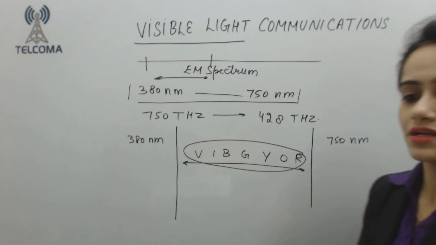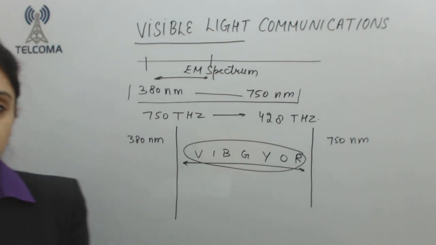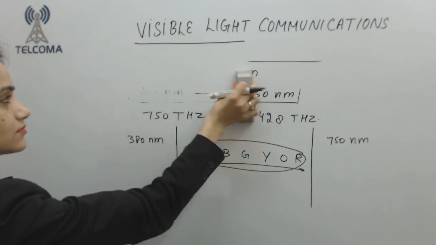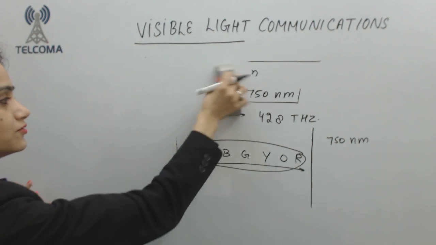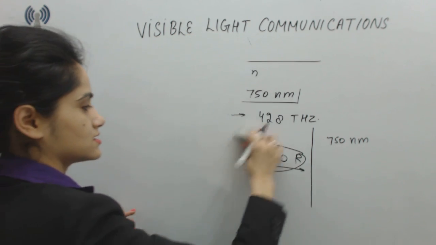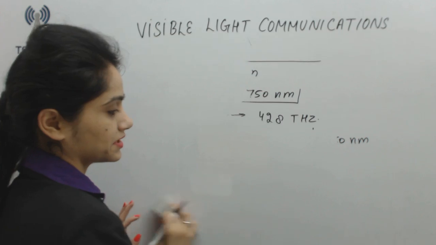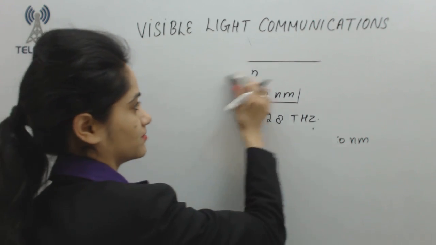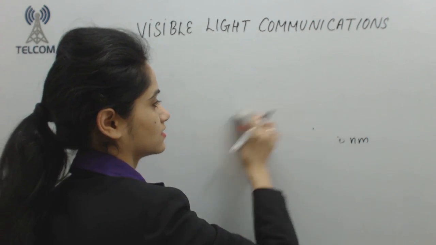So the question is, why visible light communication? As we have shifted to visible light communication from RF, why is there a requirement for visible light, or what are the advantages of visible light communication systems?